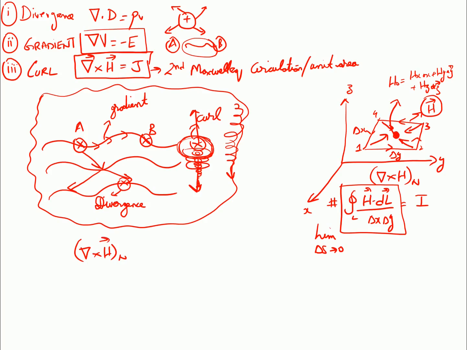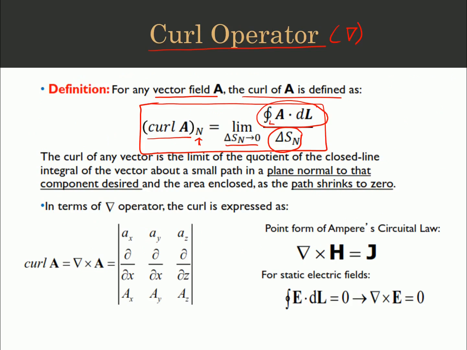This ratio can be written as the current density, because we know current density is current per unit surface. Hence our final equation is curl of H equal to J, and we can see that the point form of Ampere's law is basically the equation of curl equal to the current density, and this is known as the point form of Ampere's law.